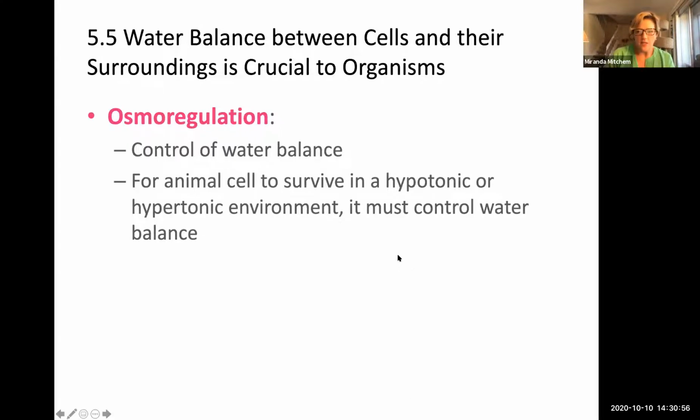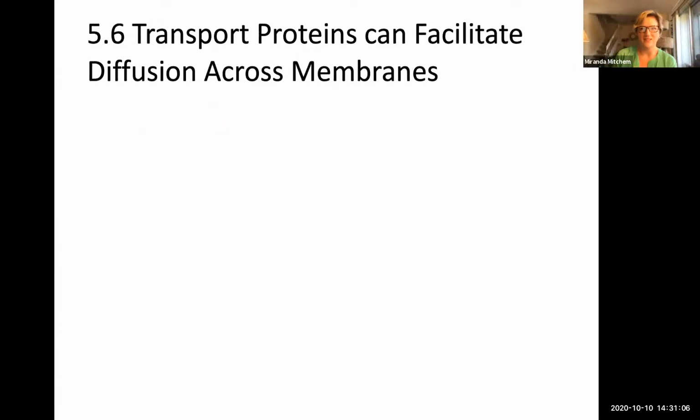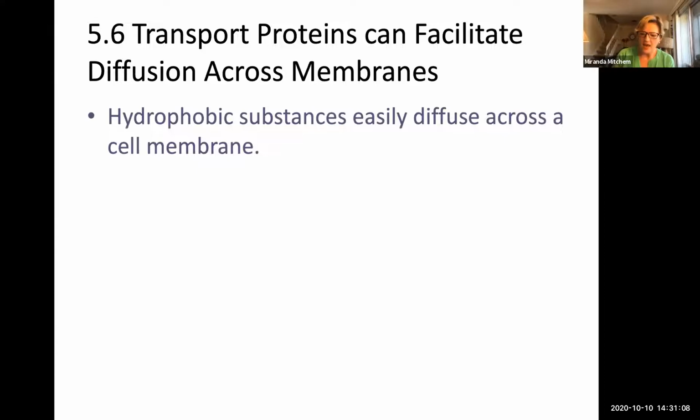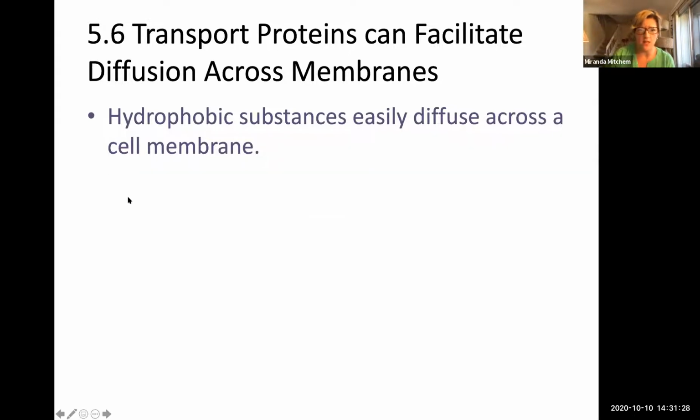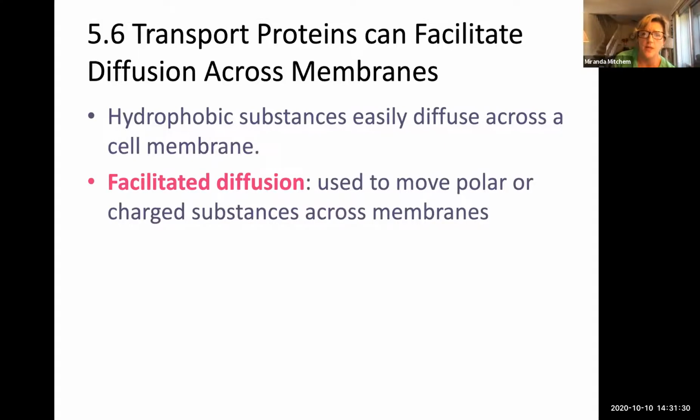Now, to deal with the hypotonic or hypertonic environment, our cells have evolved to be able to deal with the movement of water. Okay, so getting back to diffusion before we move on to active transport, those small fat molecules, which are hydrophobic, that means water-fearing, fat-loving, they can diffuse through. But now we're going to look at the specialized case of facilitated diffusion in a little bit more detail.